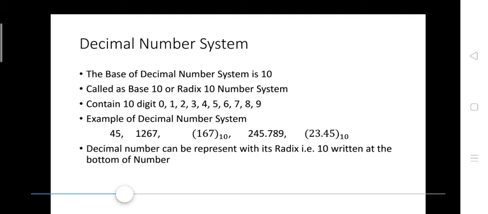For decimal number system, we can write 10 at the base of any number, or we can write any number without 10. These two numbers are nothing but decimal numbers. Means 45 is also a decimal number, 167 is also a decimal number.